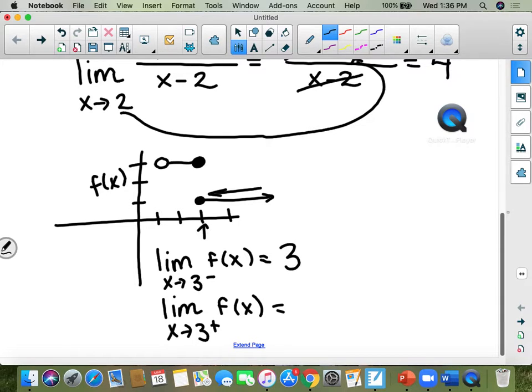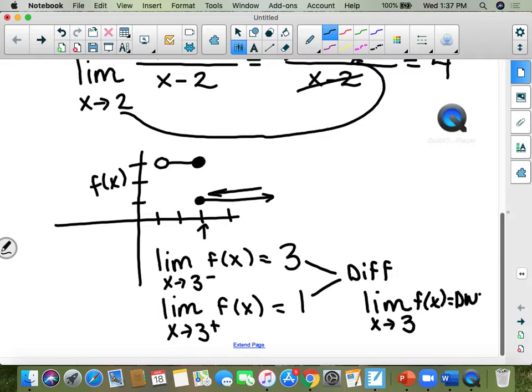When you're approaching it from the right, you're approaching it from the positive side of it, it's getting closer and closer to 1. Since these numbers are different, the limit as x approaches 3 for this f of x function does not exist.